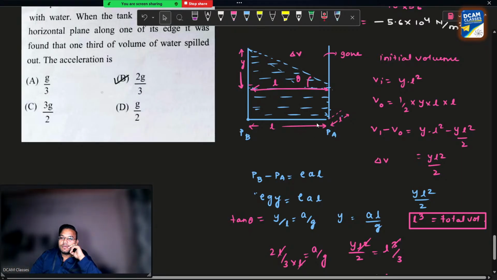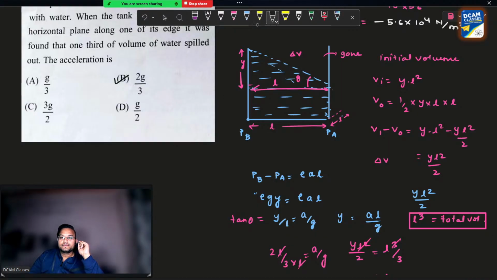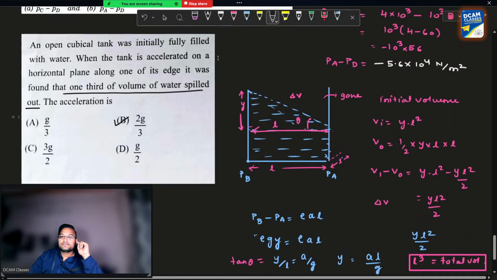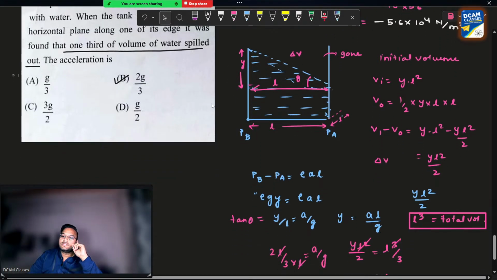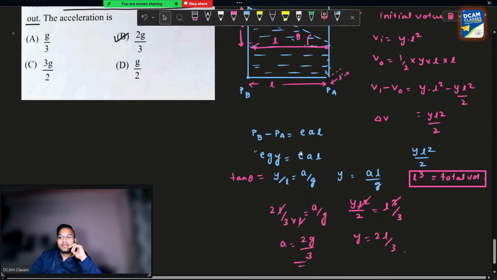But then also I think you have considered this line as wrong. Yes, sir, I've taken it as 1/3. They have given that 1/3 of the volume of the water is spilled out. Total volume was L cube. Out of it 1/3 was spilled out. Hey, Diva, you tell me, did you understand this or not? Yes, sir, I understood.